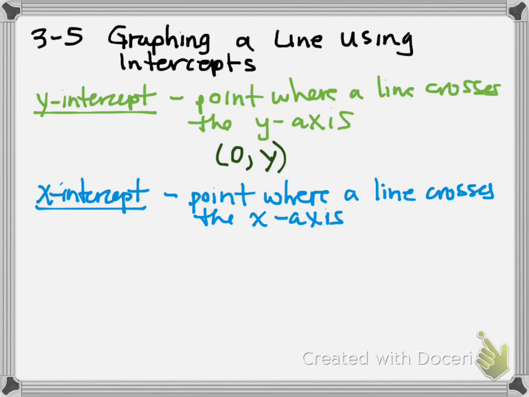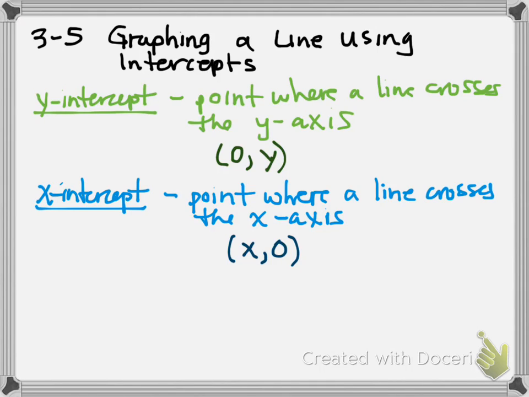Now, what do you think the coordinates of that point would be? So think logically, and we can just use x to represent the x-coordinate. What do you think? Is it x, comma 0? Perfect.